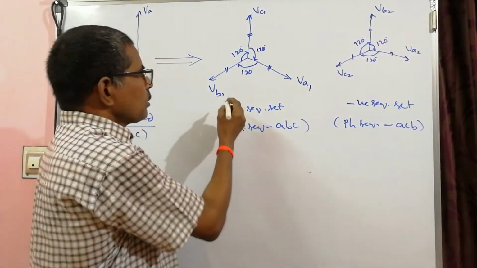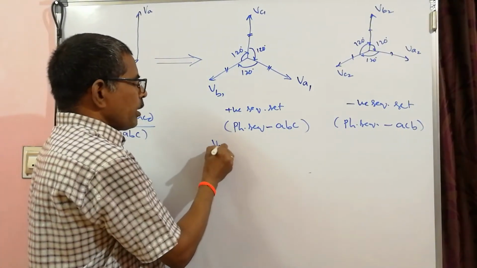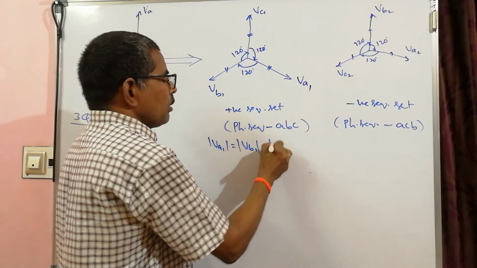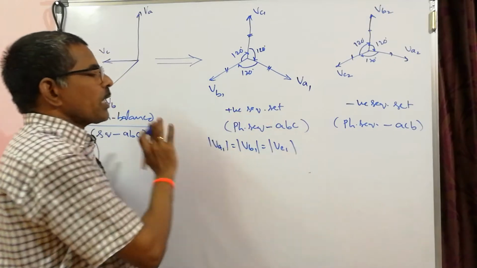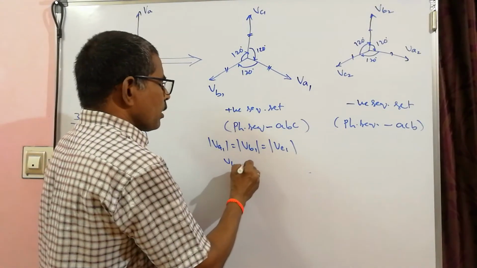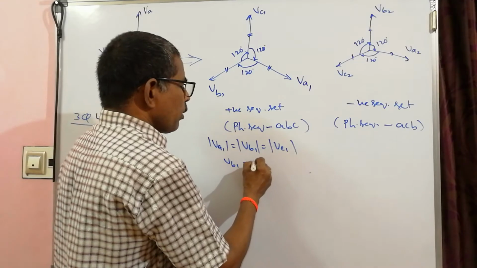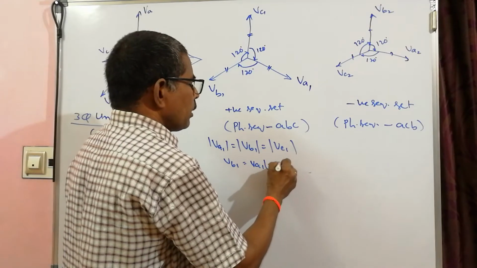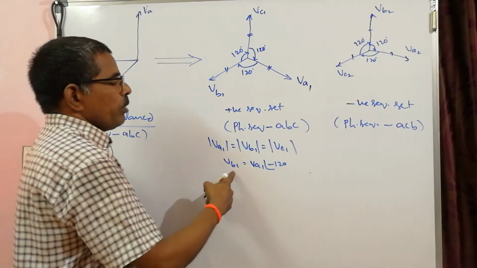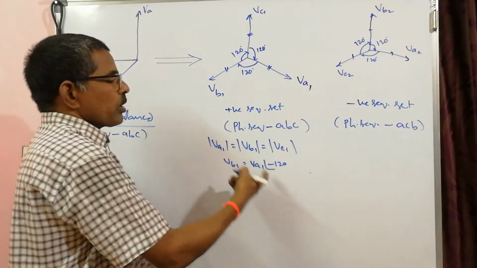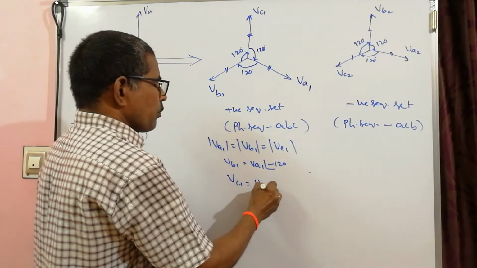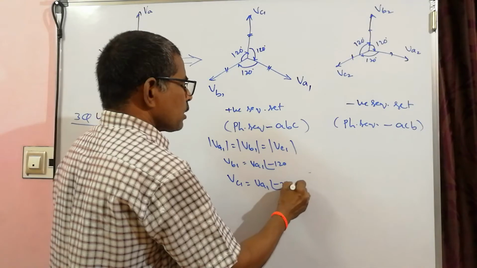Okay. So, if you want I can write that VA1, VB1, VC1, these are identical in magnitudes, and VB1 lags VA1 by 120 degrees. VB1 is VA1 angle minus 120 degrees, VC1 is VA1 angle minus 240.